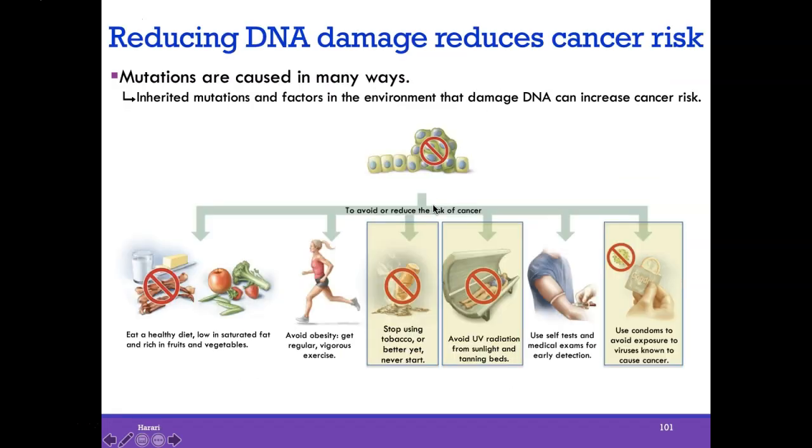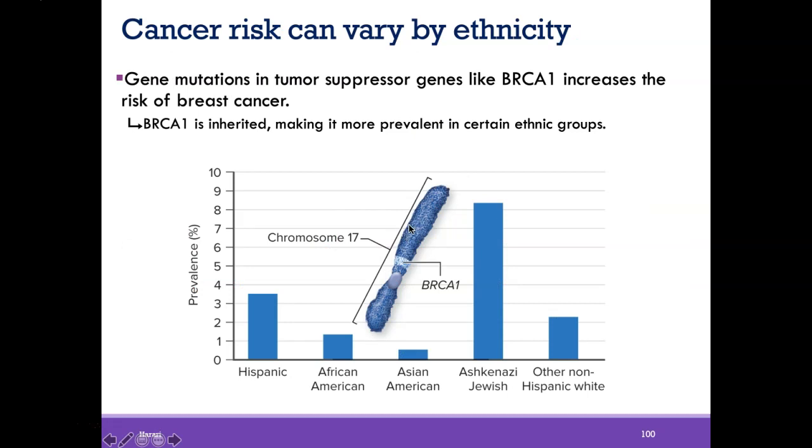If there's a BRCA1 mutation, just like a p53 mutation, that means there's no more tumor suppressor gene to tell the cell to stop dividing. A large proportion of Ashkenazi Jews have a BRCA1 mutation on chromosome 17, which makes BRCA1-positive breast cancer more prevalent among Ashkenazi Jews and Hispanic populations.